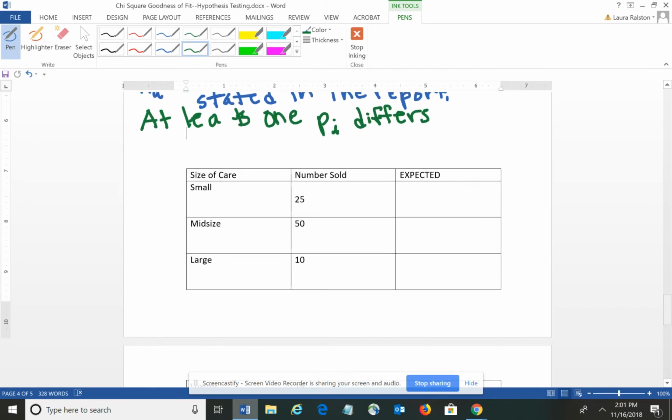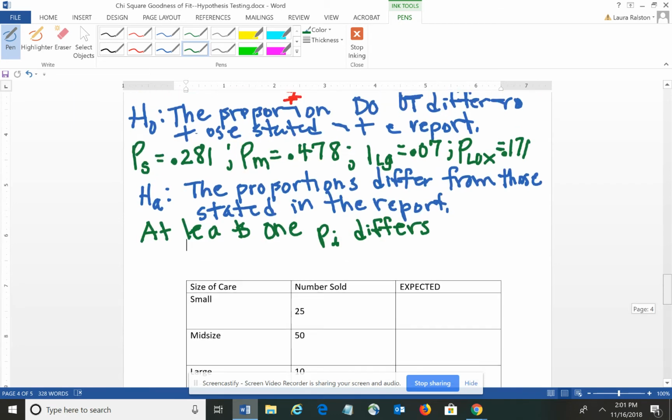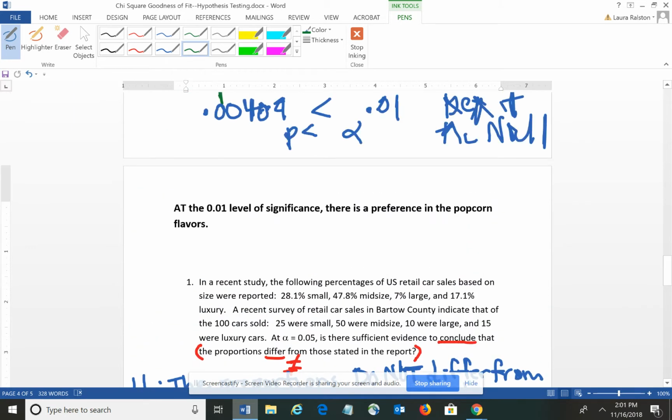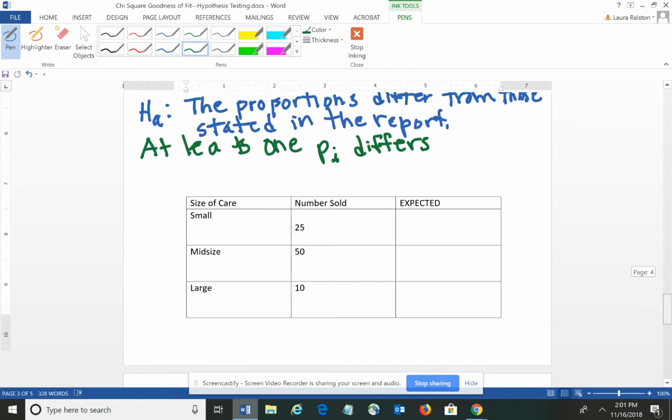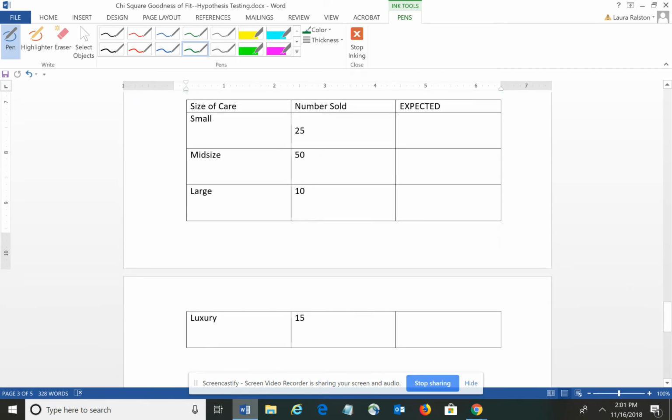Then you have the table of information. Even though the table wasn't provided, it gives you the breakdown for the sample of the sales in Bartow County. So you can translate that into a table with the different size cars and the number that were sold in Bartow County. And then you need to calculate the expected. The formula is the same.